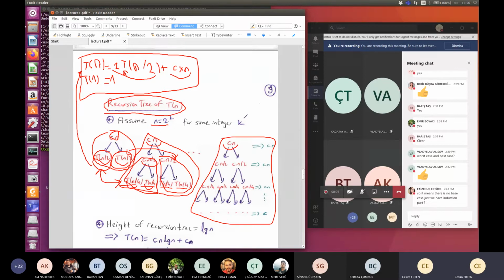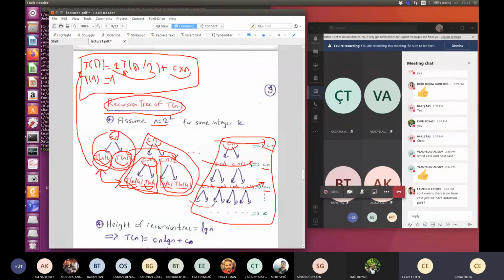Now, looking at this tree, we will go over it level by level and sum up all the terms appearing at a level. In the first level, the sum is Cn. In the second level, the sum is again Cn because I have two Cn divided by 2's. In the next level, I again have the sum equal to Cn.